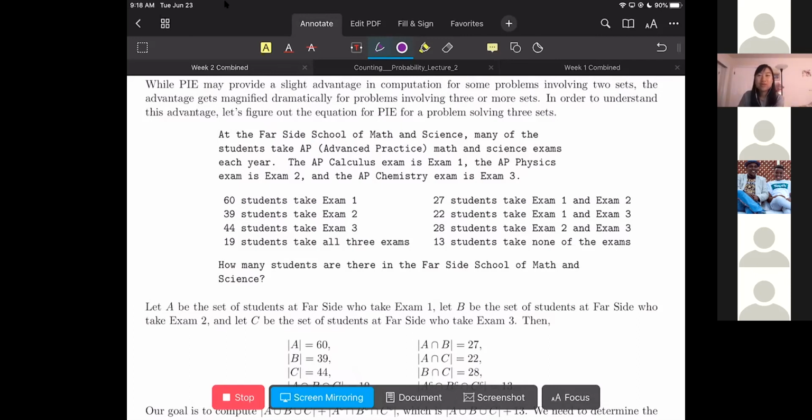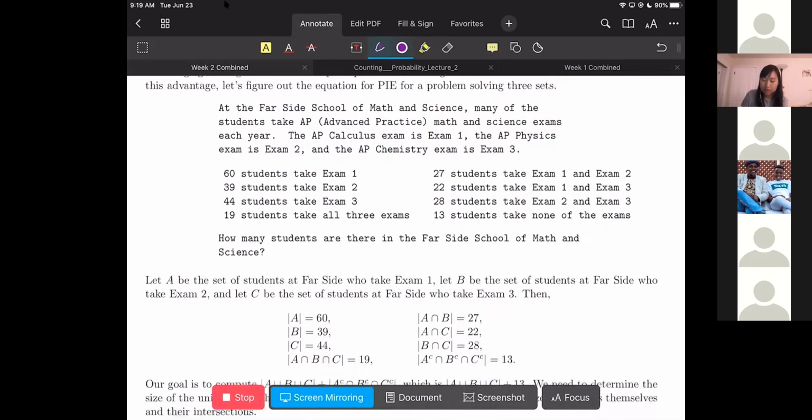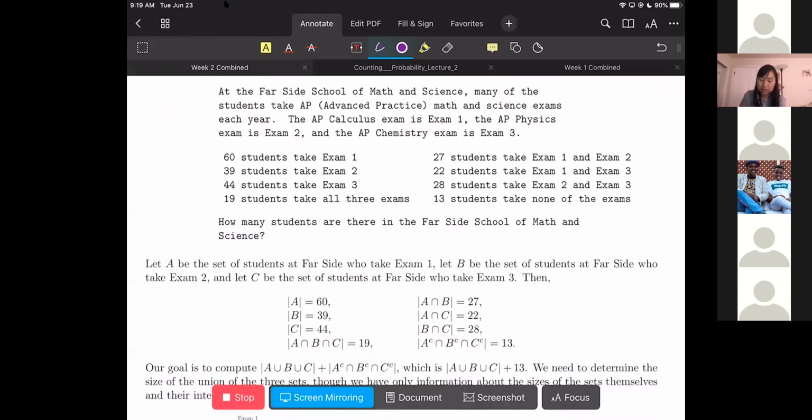So this is where the principle of inclusion and exclusion can help us a lot. If we use our set notation from above, let's call A the set of students who take exam 1, B the set of students that take exam 2, C the set of students that take exam 3, and then we can translate all of these statements into this shorthand here.